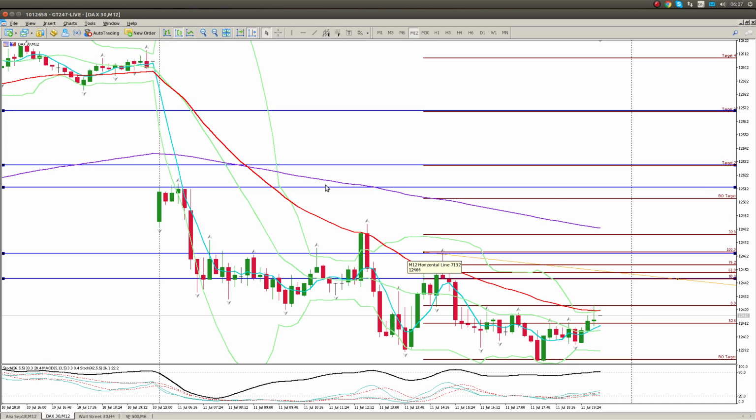So then I'm looking for 12,513. Then I'm looking for the next breakout target, which is 12,530. And lastly, I'll look for 12,570 if we move that high. Okay, so that's kind of my outlook for today. I'm looking for a long, and we'll play the closing range breakout if we do break it.